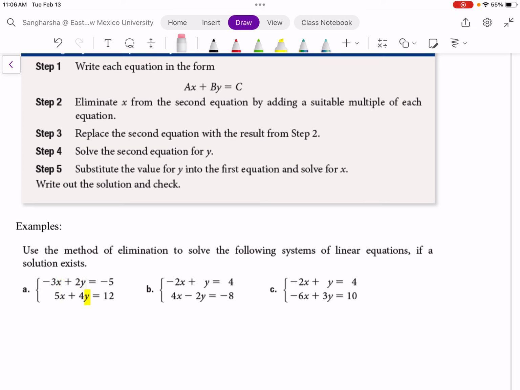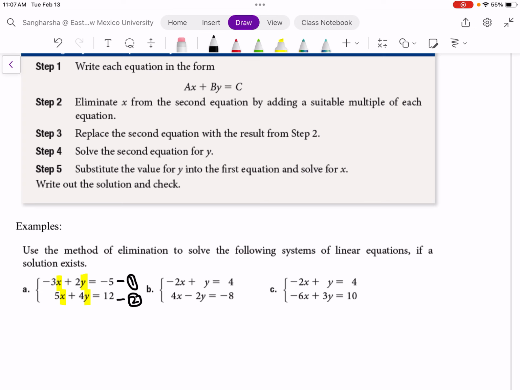Let me call this our equation 1 and this our equation 2. So we have two different linear equations. Now we have to eliminate at least one variable. You can eliminate x or you can eliminate y by adding or subtracting equations 1 and 2. That's the elimination process.